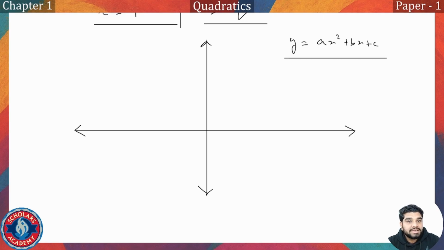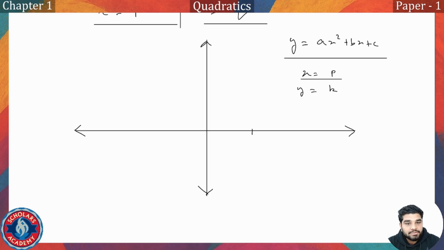This equation tells us that if we take any value of x, let's say x is equal to p, we'll substitute this in the equation, and whatever result we get, let's say it is k, we'll take that for y.